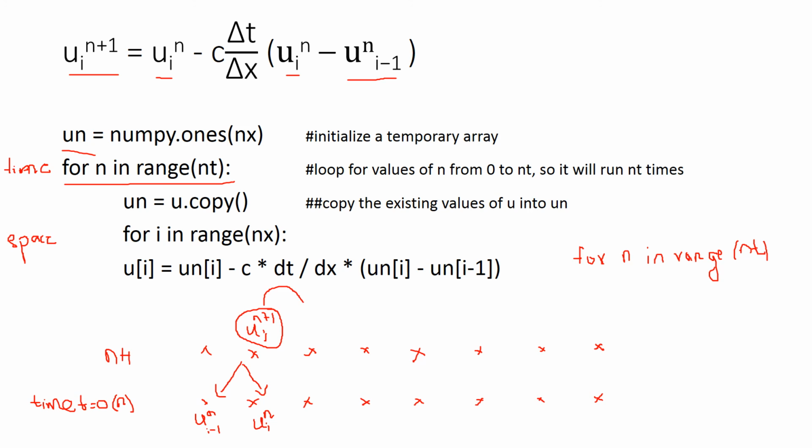Once it calculates this value, that is u i n plus 1, next it will jump to the next point. It will take these two values, and again it will jump to the next value. It will take these two values. So this will continue till the 41 points.